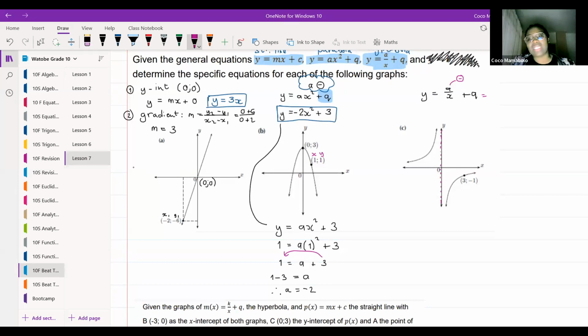The way we can see that is because the graph is approaching the x-axis. That's my Y asymptote over there, so my Q value is going to be equal to 0. Now I've got Y is equal to A over X plus 0. I'm not going to put the plus 0 there, because anything plus 0 is just the same.